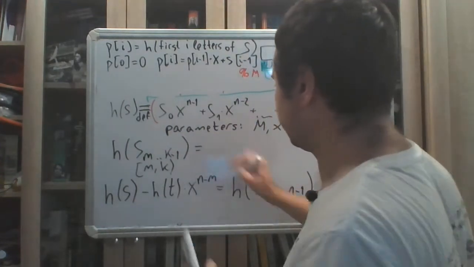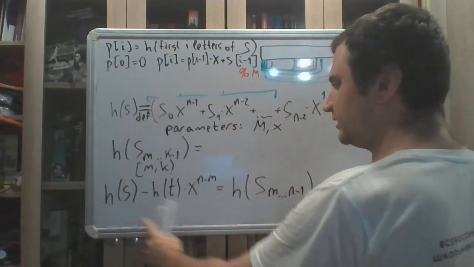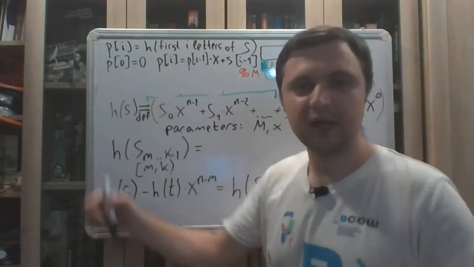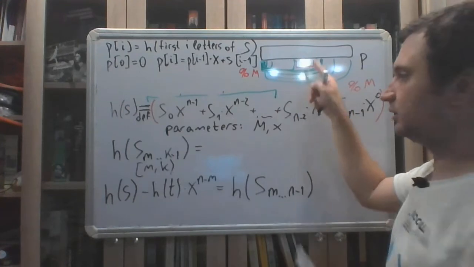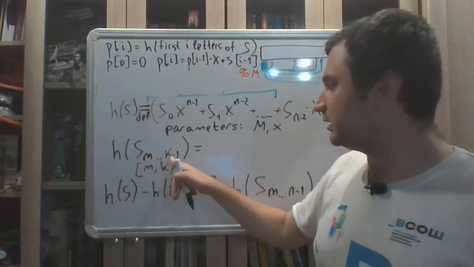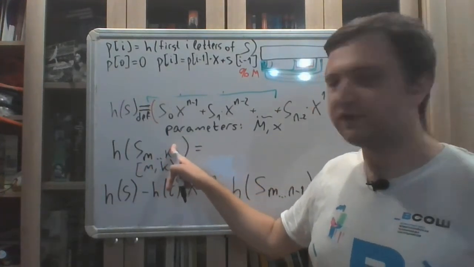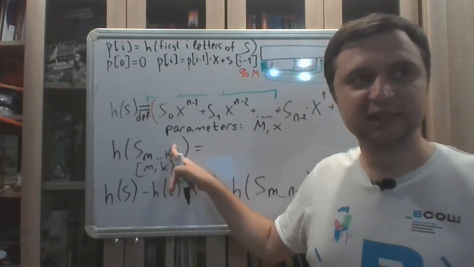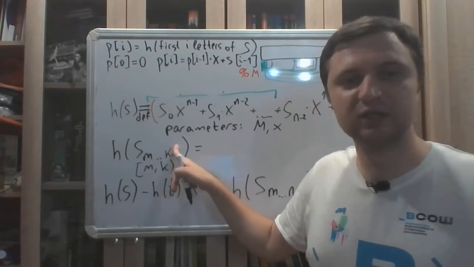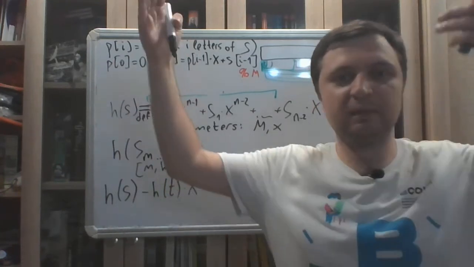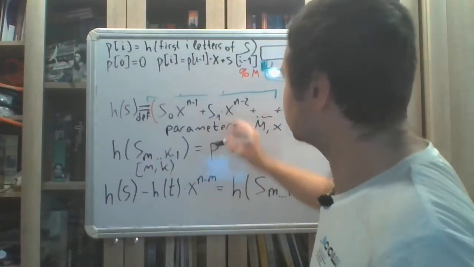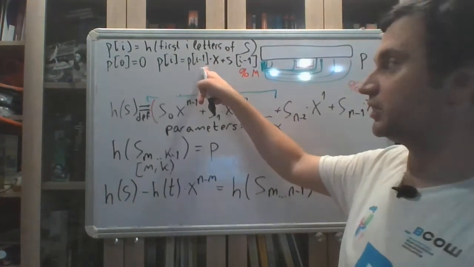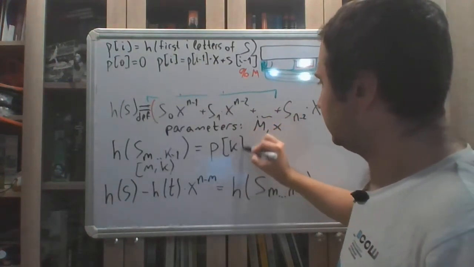Then, just by this formula, you need to take the hash function of a prefix containing this substring. So you need to take the hash function of the prefix which has the last character with index k minus 1. So this is a prefix of length k, and its hash function is already stored in pk.